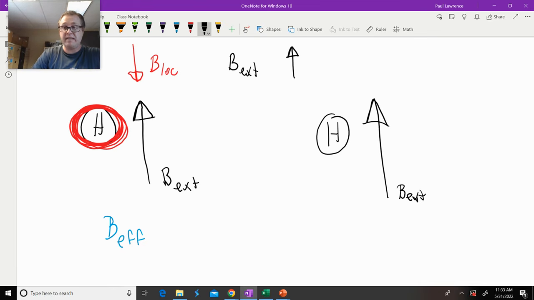If we envision that the proton has no electrons, then it will feel 100% of that external magnetic field. But we do know there are electrons, and when you place that proton in an external magnetic field, it's going to oppose it. What that does is generate a local magnetic field that shields the nucleus from feeling that external magnetic field. And that is called B effective.